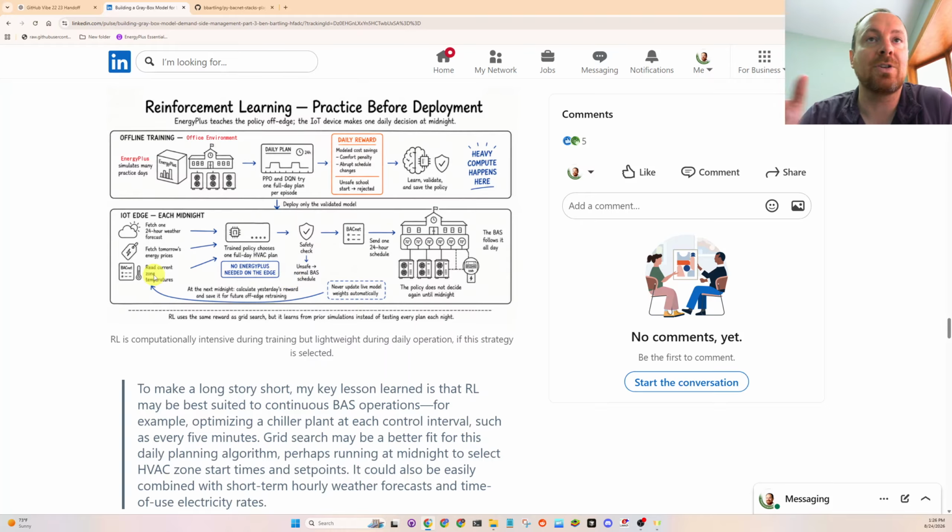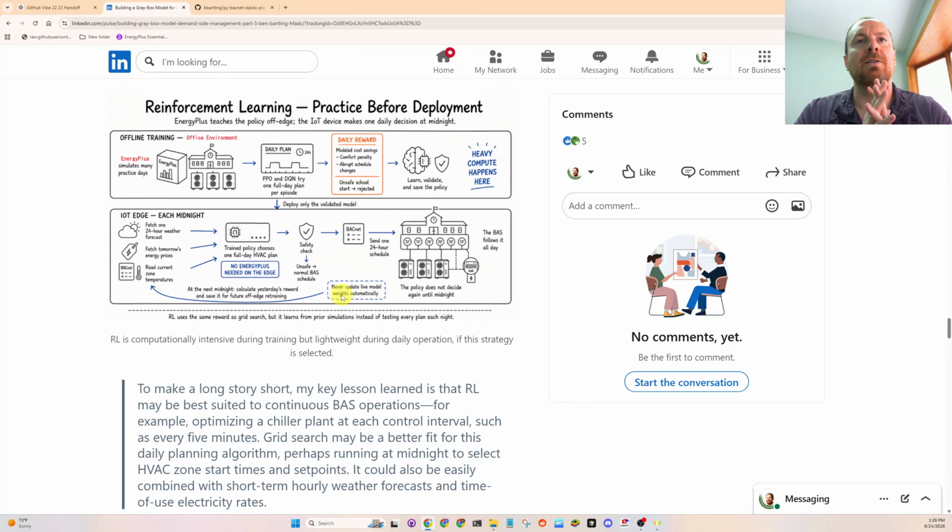If reinforcement learning was running on the edge, you wouldn't have EnergyPlus installed on the Linux edge, because that was pre-trained here. You'd be pre-training on the real data. But I couldn't produce the best results with reinforcement learning here.